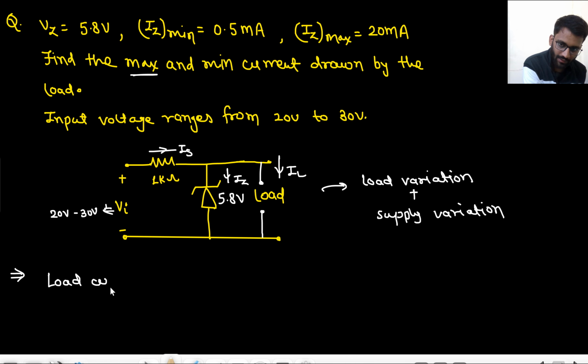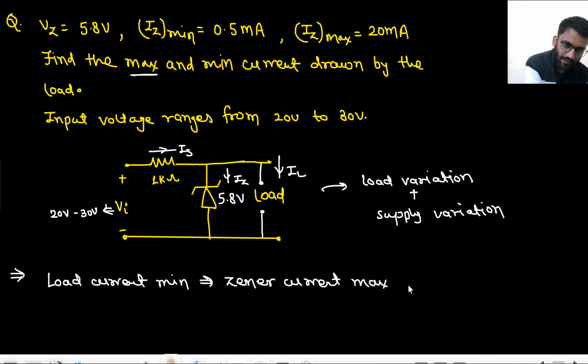If load current is minimum, that means my Zener current is maximum. Current is maximum, that means my supply voltage is maximum.